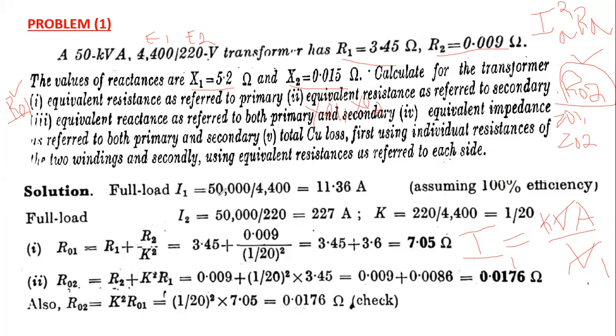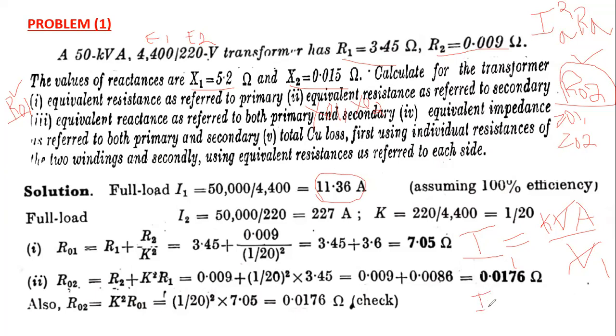Then I1, the primary current, is 11.36 amperes. Similarly, we calculate the secondary current, that is I2.